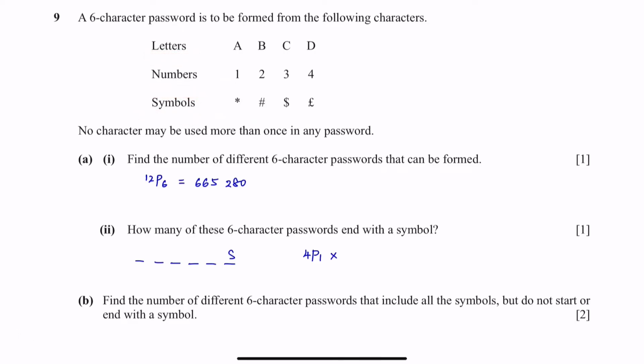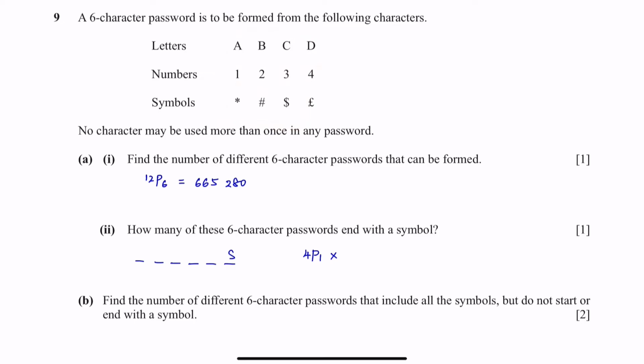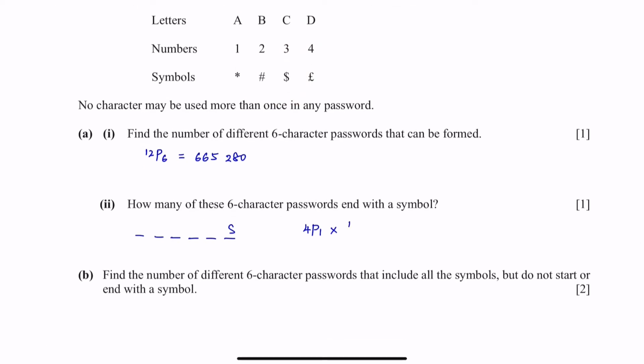But since we already have one symbol here, we only have 3 more symbols to choose from. So we have 4 letters, 4 numbers, and 3 symbols to choose from. So we have 11 characters to choose from, and we need to choose 5 of them. So 4P1 times 11P5 would give us 221760.